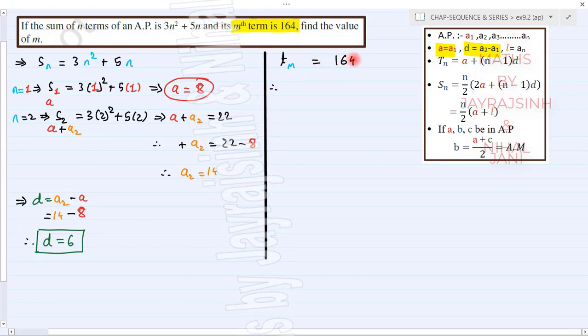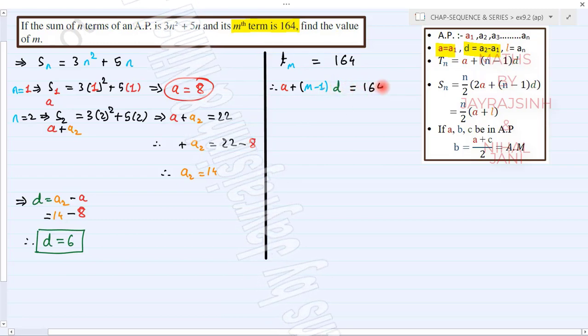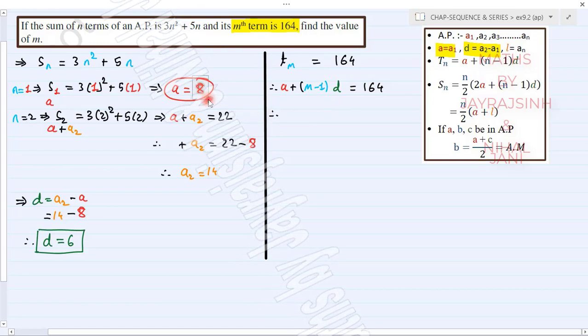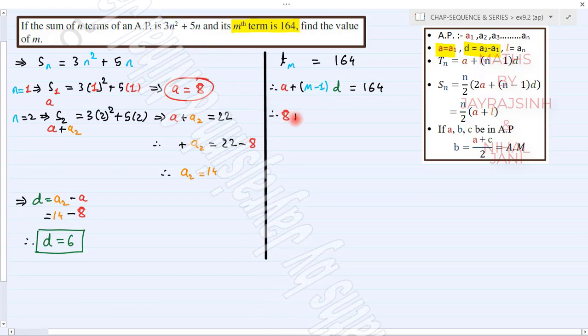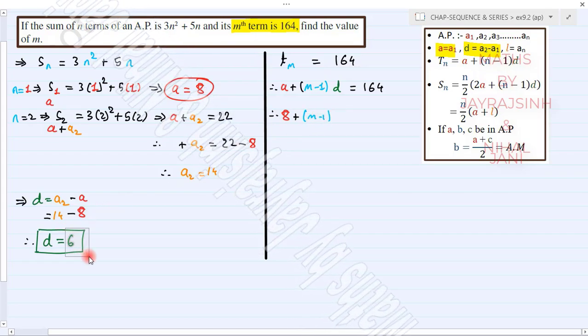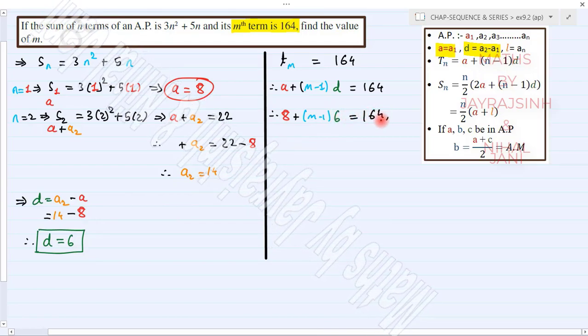So let's use the formula of Tn. It will give us A plus m minus 1 into D is equal to 164, where the value of A is 8 and we have to find the value of m by substituting your D, which is 6.